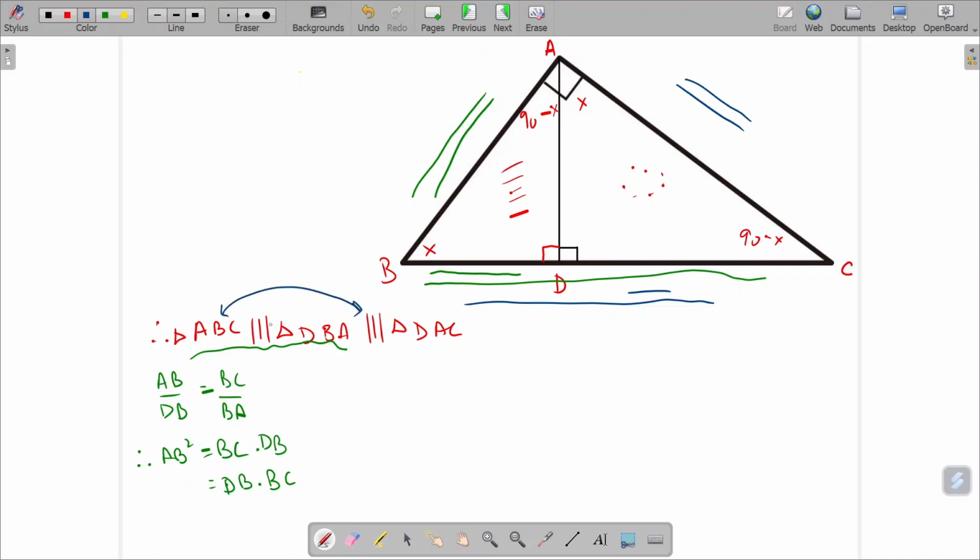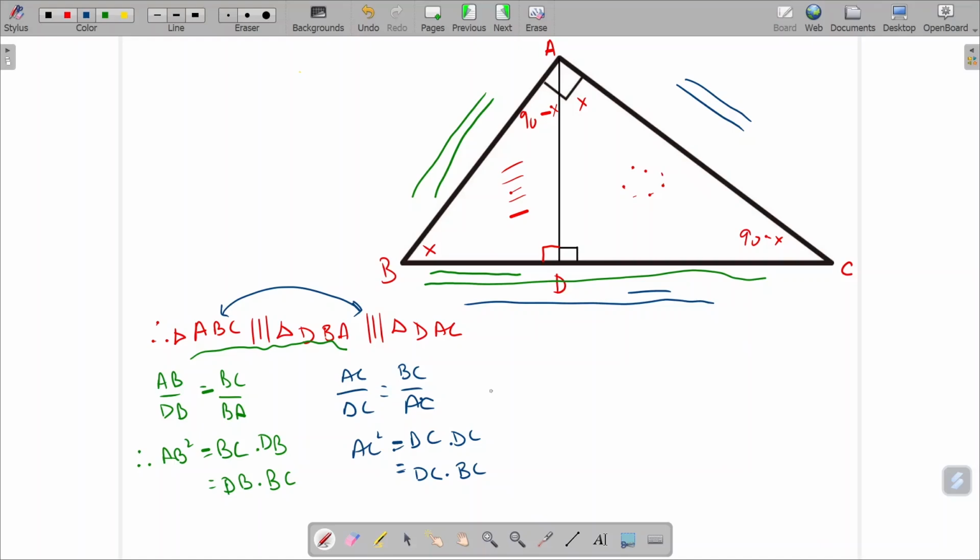If I look at the outer pairing here, I'm going to get that AC over DC equals BC over AC, and therefore we get that AC squared equals BC times DC, or as I said to you, my personal preference, DC times BC, the part times the whole.